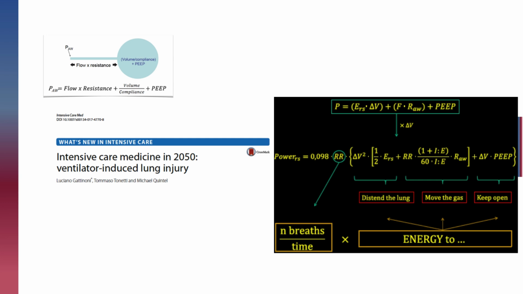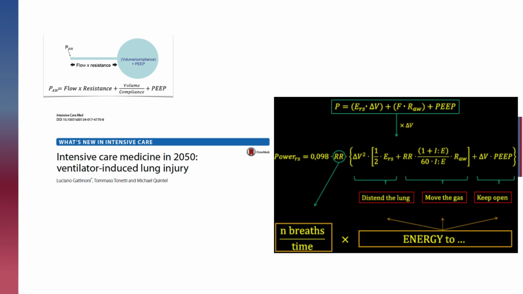When we break down this mechanical power equation into its bare principles, it's really just the energy required to move gas into the lung, to distend the lung, so to overcome the compliance, and that is essentially the driving pressure, and then the amount of energy required to keep the lung open.